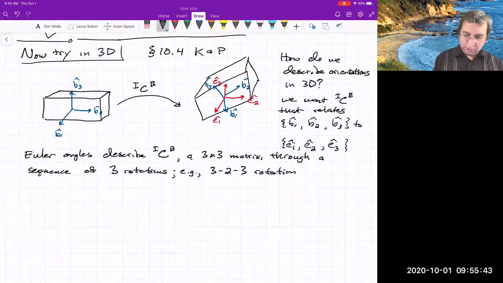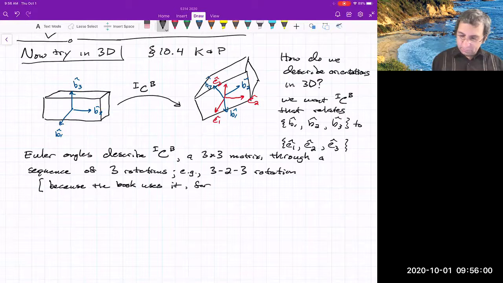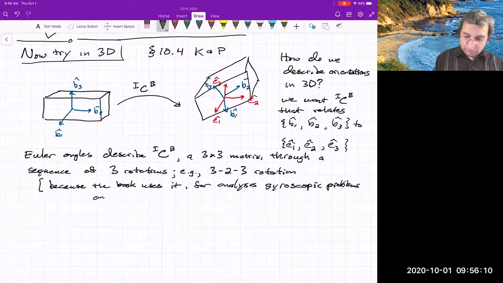And why am I even doing 3, 2, 3? This is because the book uses it. So if you wanted to follow along. And it's also used for analysis of gyroscope problems or gyroscopic problems, and also orbital mechanics.